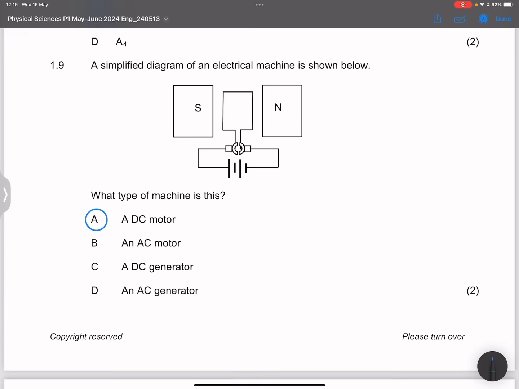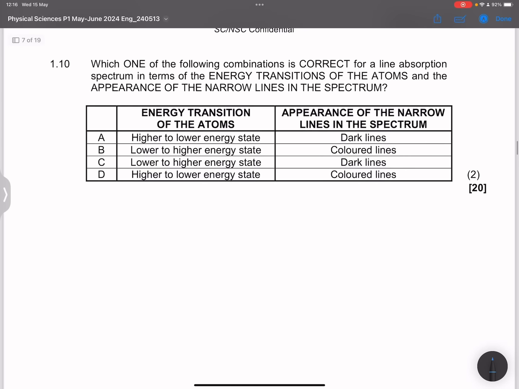Okay, and finally, they say which one of the following combinations is correct for a line absorption spectrum, in which the energy transition of the atoms and the appearance of the narrow lines in the spectrum, right? So we're looking for a line absorption spectrum.